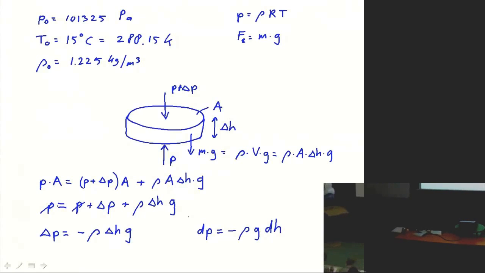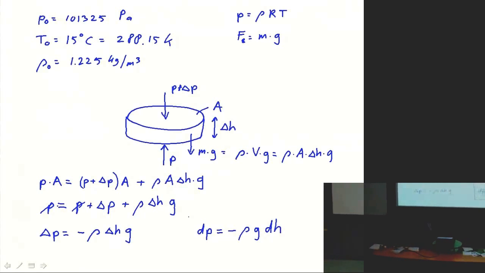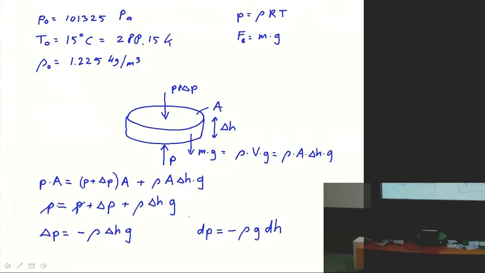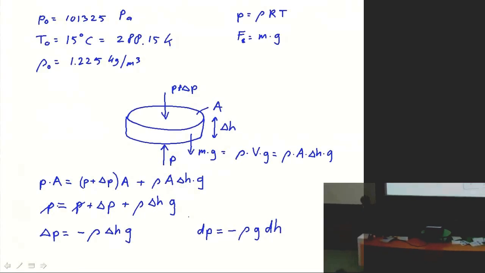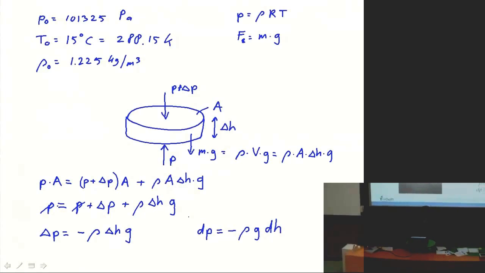We only looked on the outside and assumed it as one volume. But if you want to know the change, then you should look at really small deltas and add them up through the atmosphere to see the effect over larger altitude. So that's how you get the formula which you already saw here, but the minus sign is missing there.